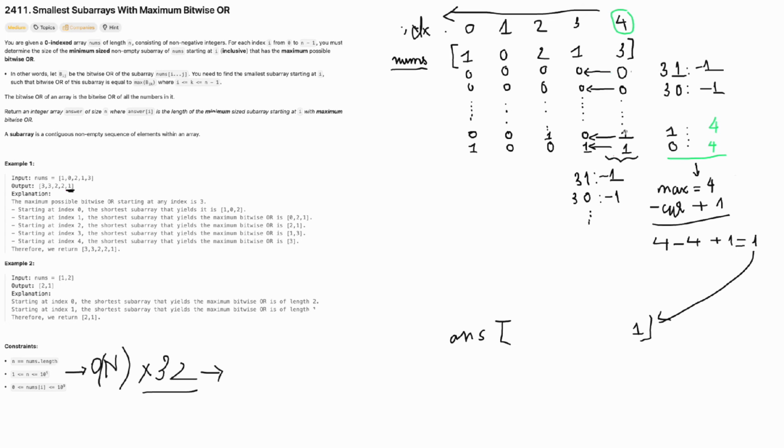The first one is from 1 to 0, and the other one is from 1 to 1. So how about 1 to 0? Here that is bit number 1. From 1 to 0, what should we do? We will keep the index here. We will keep this one as 4. Because we are trying to get the maximum value and the minimum size of the subarray.